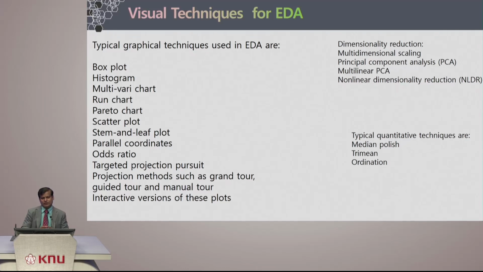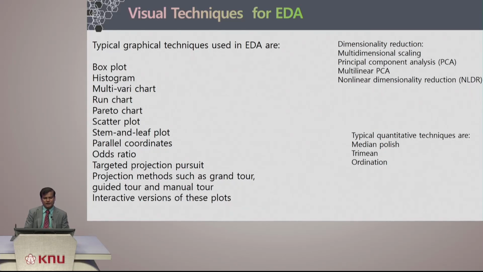There are various visual techniques available for this kind of EDA. From one perspective, EDA has the basic graph models, including box plot, histogram, run chart, scatter plot, targeted projection pursuit, or stem and leaf plot.